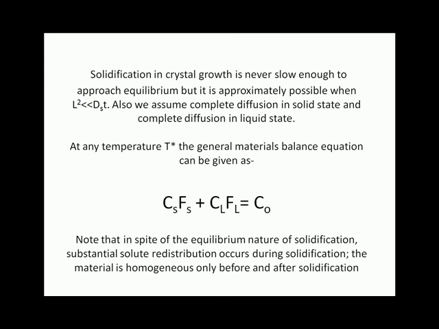Hence we can assume equilibrium solidification and apply the general mass balance equation, that is CS FS plus CL FL is equal to C0. CS refers to concentration of solute in solid, CL is the concentration of solute in liquid, FS is fraction of solid solidified, FL is fraction of liquid, and C0 is the homogenized liquid which we initially started out with.